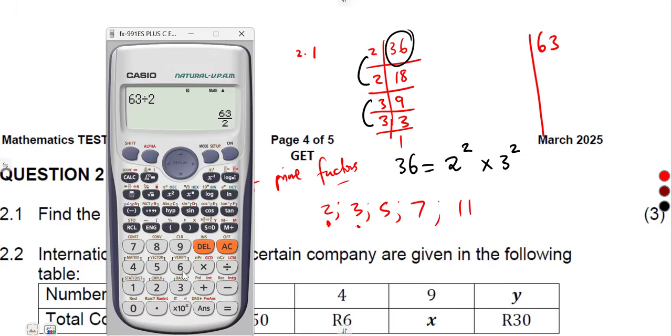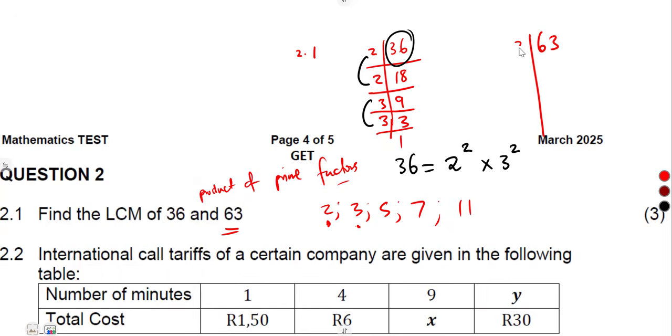As we can see, 3 is going to work. 63 divided by 3 is 21. Again, we can use a 3. 21 divided by 3, that's a 7. We cannot use 3 because 7 is already a prime number. So we're going to use a 7 here.